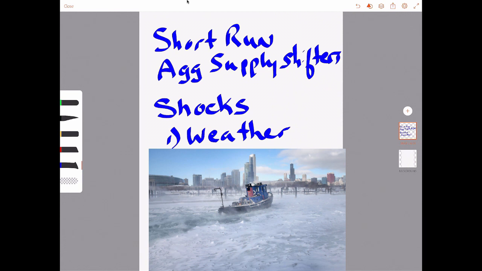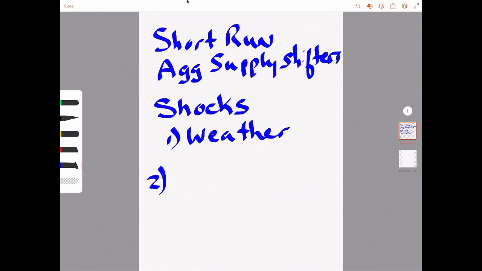So that would be a shock, and it changes how much gets supplied for a short period of time, and then the weather changes and we get back to normal. So weather is one of the more common shocks that we would talk about.